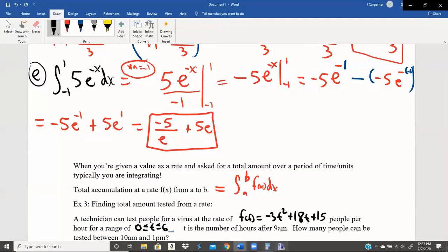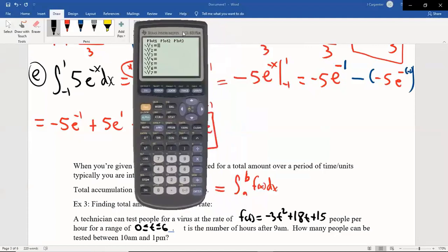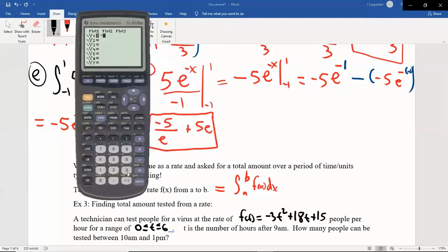Maybe you're curious what the function looks like. Let's graph it. Just curiosity for now. Negative 3x squared plus 18x plus 15. I'm not using t's in the calculator because it doesn't work that way. Do a standard zoom. That's not the best picture.